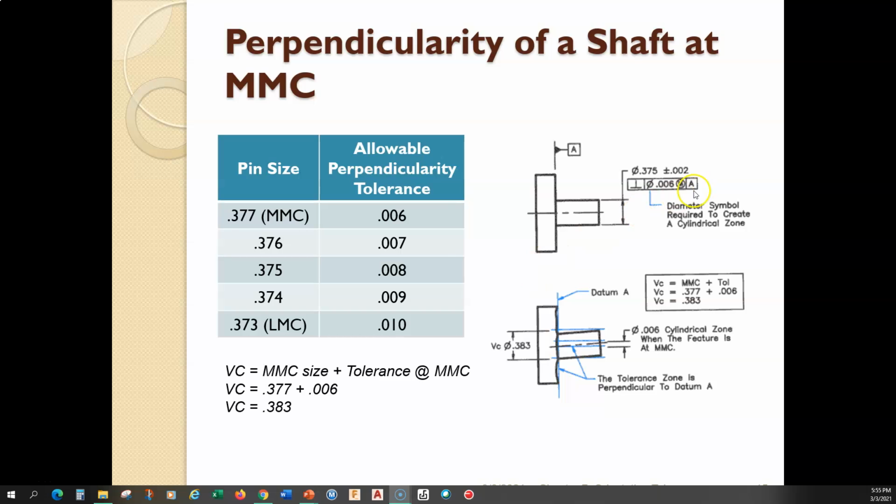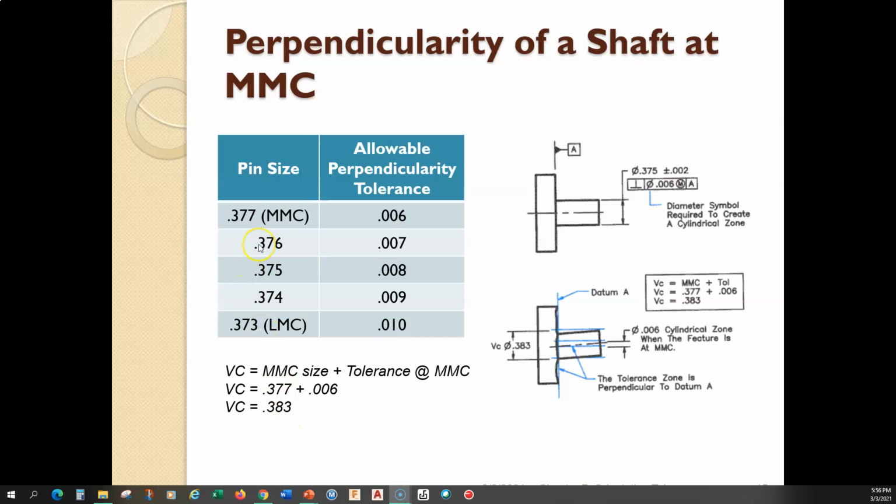The virtual condition for this pin is equal to the MMC size of the pin plus the tolerance at MMC. The MMC size of the pin, this is a positive feature, so it's 0.375 plus 2 thou, or 0.377. And the tolerance at MMC is 6 thou. So the virtual condition is 0.377 plus 6 thou equals 0.383. So that's the virtual condition.